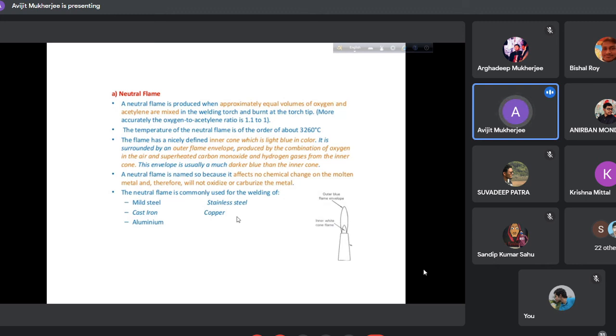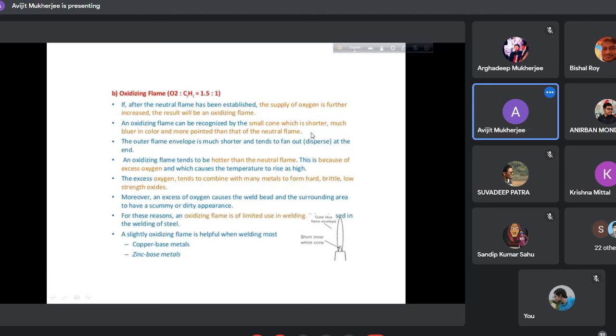All these are neutral, and temperature is important. This is oxidizing at 1.5:1, maybe oxidizing.